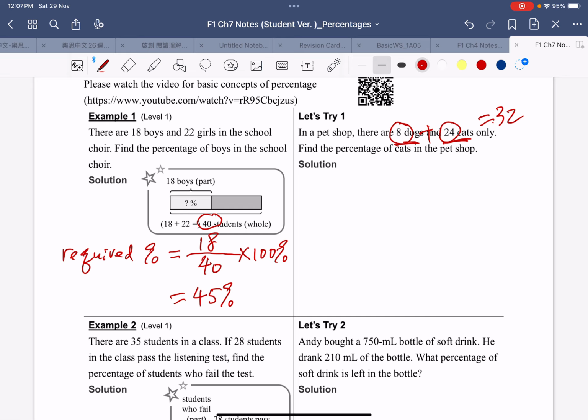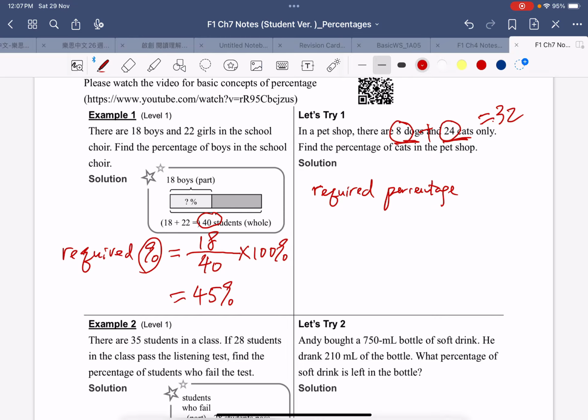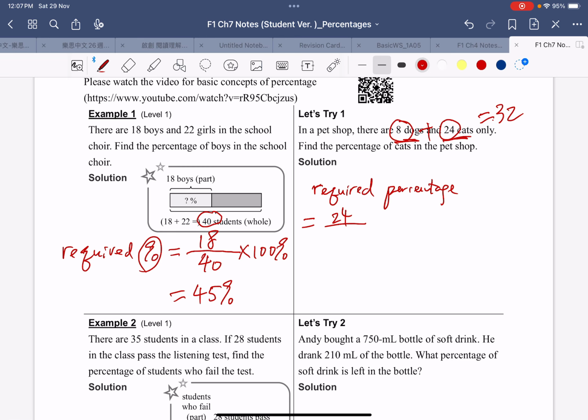The part is the number of cats, which is 24. So the required percentage, you can write the whole word percentage, or just use this symbol, and write an equal sign. So put 24, the number of cats, divided by the whole, 32 times 100%, and this gives you the answer, 75%.